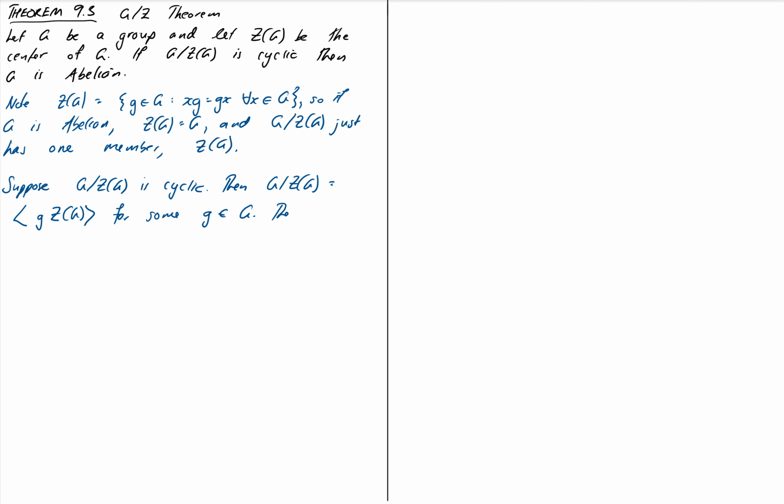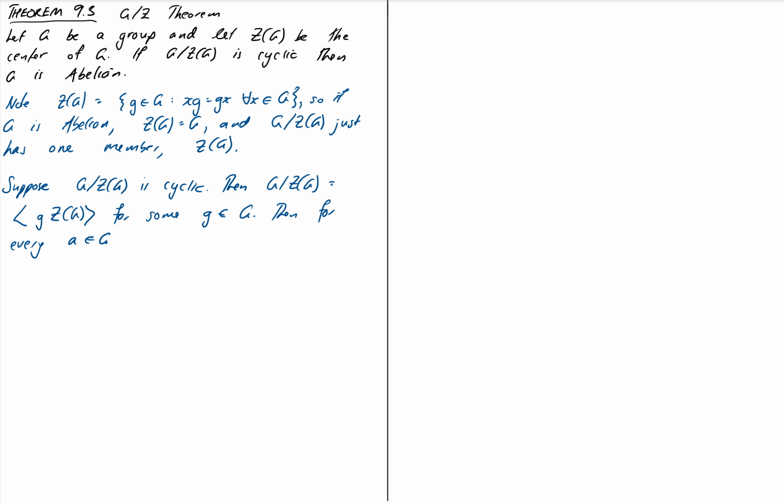Then, for every a in G, now we're going to use the fact that in a cyclic group, any element of it can be expressed as some multiple of the generator.